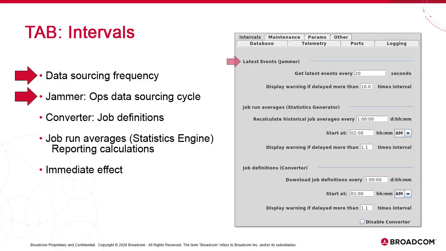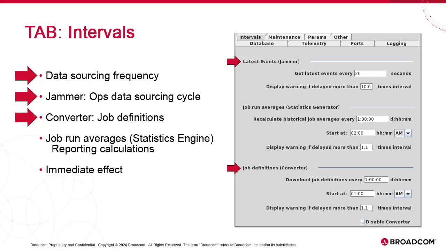The jammer sets the ops data, meaning job executions, and the interval should be quite short, say every 30 seconds, because of the dynamic nature of the data. The converter extracts definitions. It is set on a much longer interval, which can be every 30 minutes or even every day, depending on the scheduled deployment phase and the frequency with which the deployment teams update their definitions.